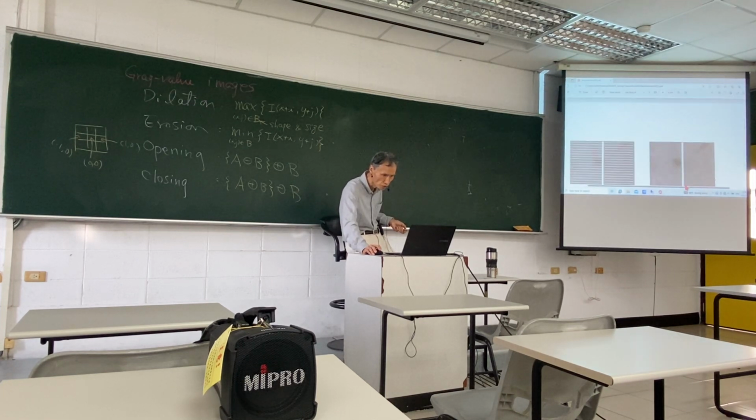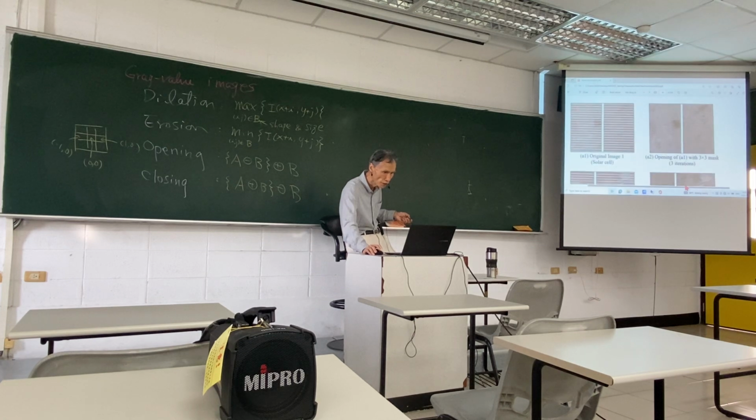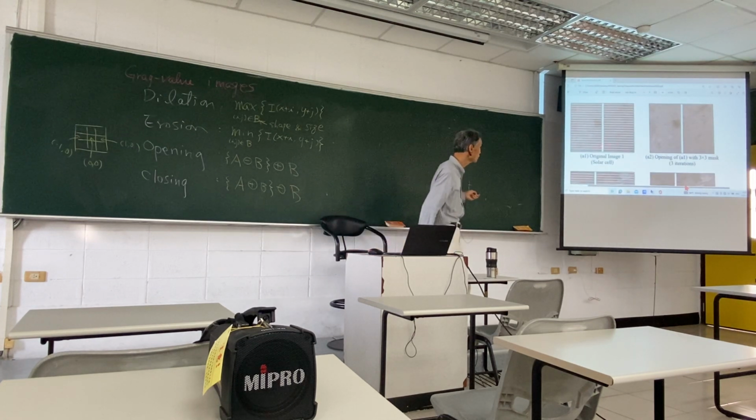I will skip some of this. Actually, this solar cell is made from so-called multi-crystalline, a multi-crystal wafer. 叫多晶系. It's not like the IC. Most of the very expensive IC wafers use a single crystal.